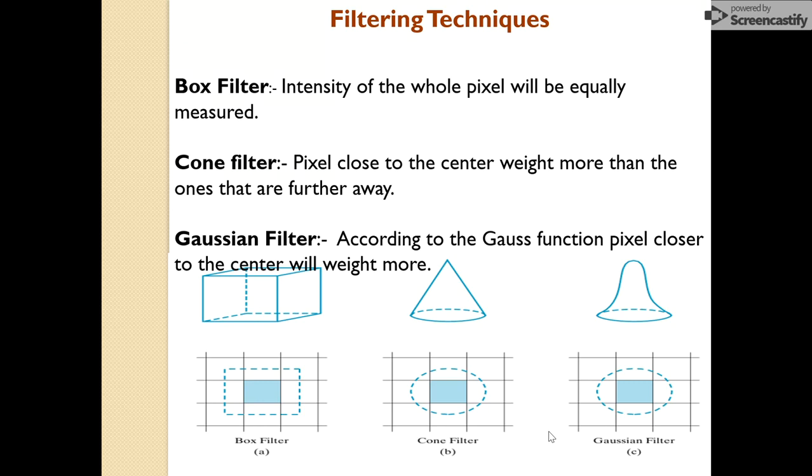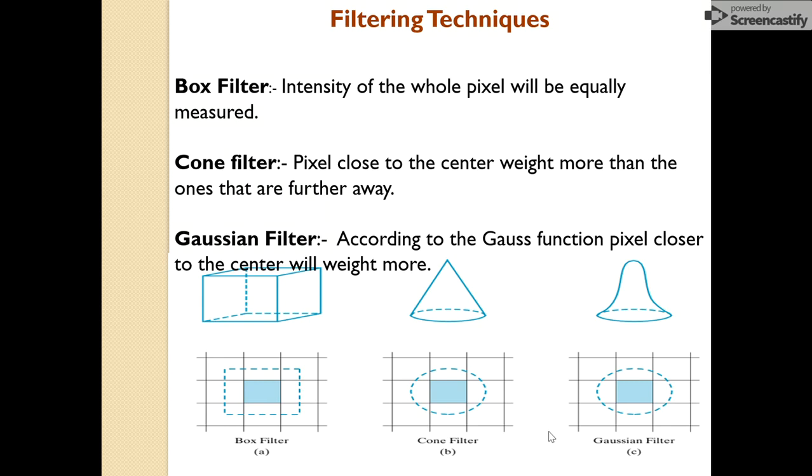Coming to the cone filter, a pixel close to the center has more weight than the ones that are further away. The cone filter is used in weighted area sampling.